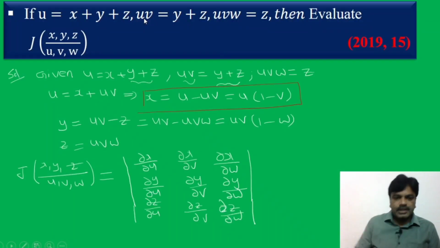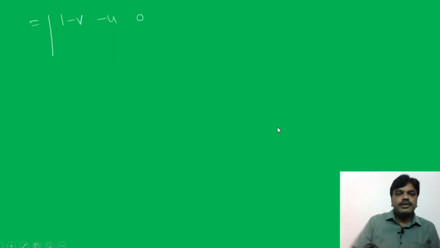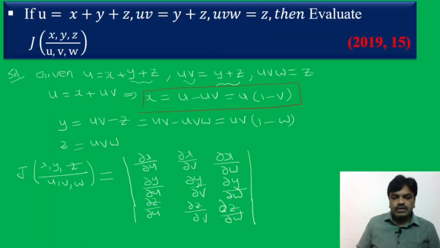And then the second row, dou y by dou u. The derivative of u is 1, we get v into 1 minus w. Dou y by dou v: the derivative of v is 1, we get u into 1 minus w.